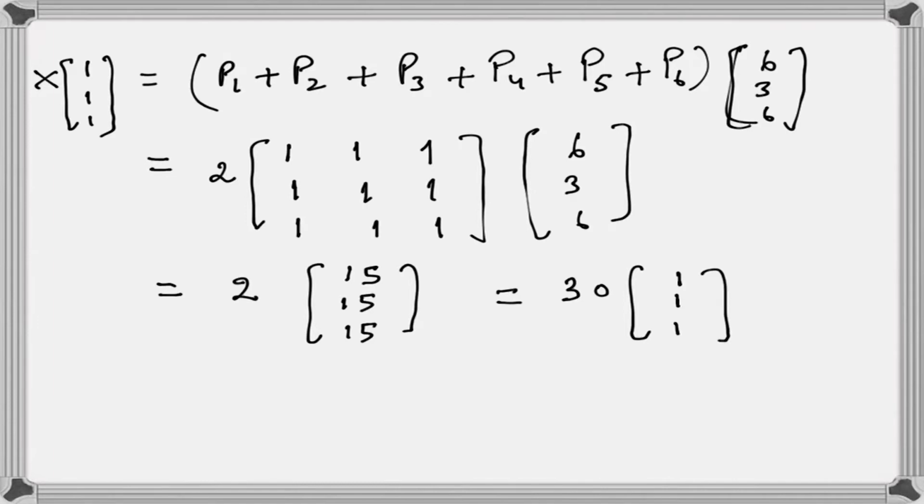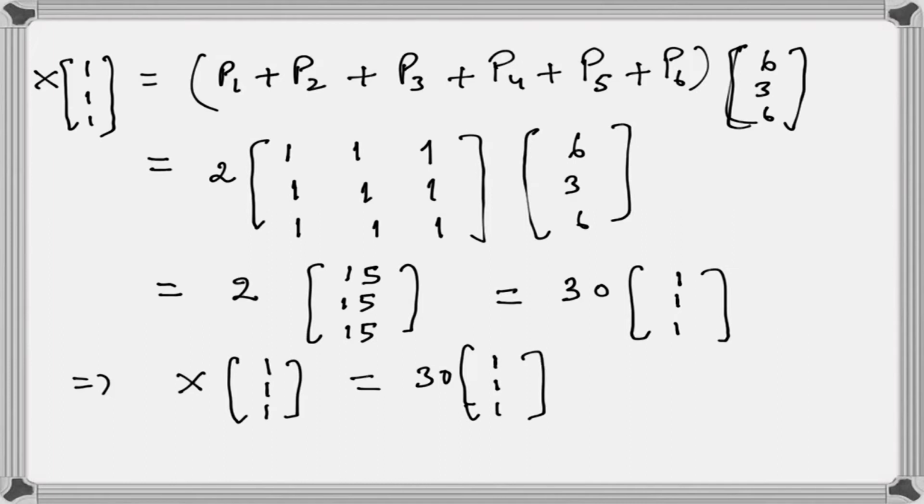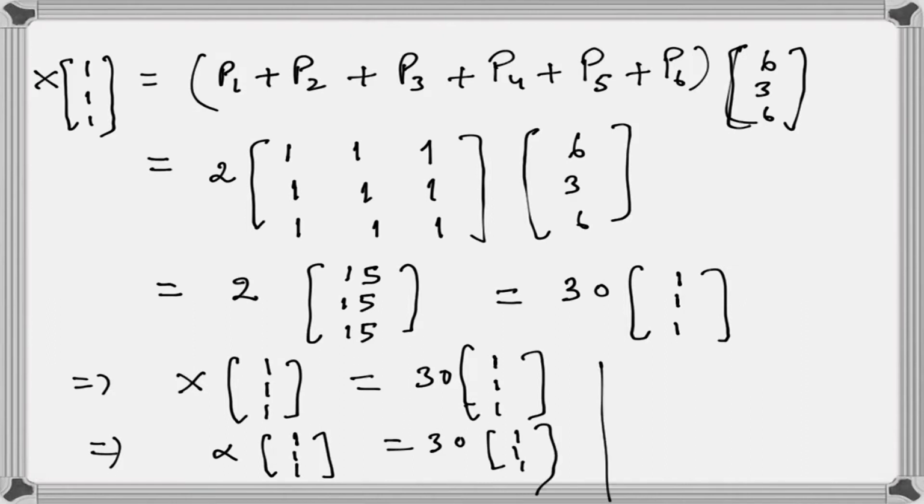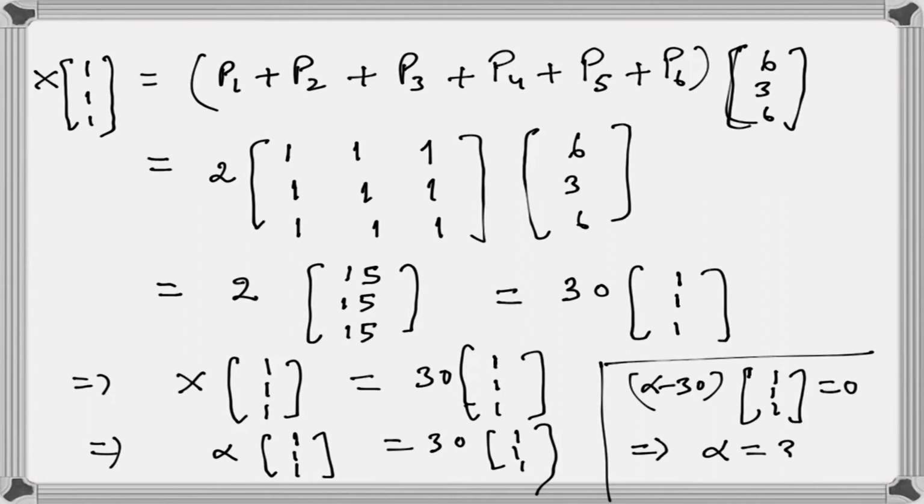So X (1 1 1) is equal to 30 times (1 1 1), and in part A of the question, X (1 1 1) is given as alpha times (1 1 1), equal to 30 times (1 1 1). This implies that (alpha minus 30) times (1 1 1) is equal to 0. This implies alpha is equal to 30. So this is what we wanted to prove.